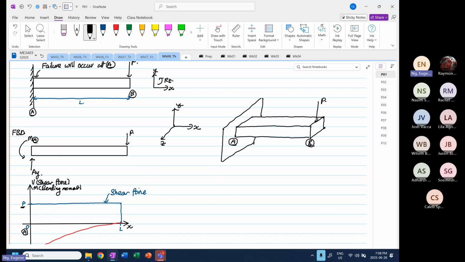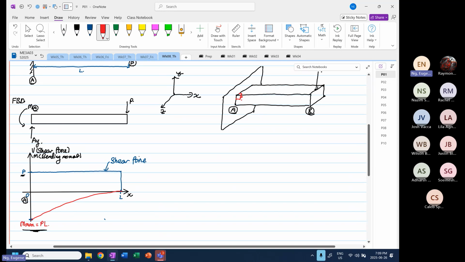Now, if we were to place an element, you guys know what an element is now, right? We just finished Mohr's circle. So if we were to place an element down here, and I'm going to expand, this is our element.